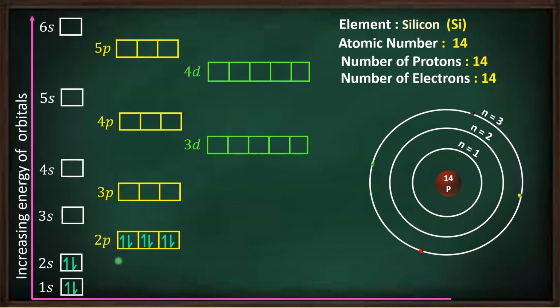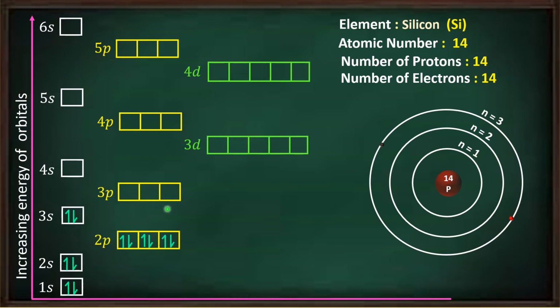Next, once 2p orbital is completely filled, electrons enter into 3s orbital. So the 11th electron enters into 3s orbital. Okay. Next, 12th electron, say this electron, pairs up with this electron in 3s. So 3s orbital is completely filled.